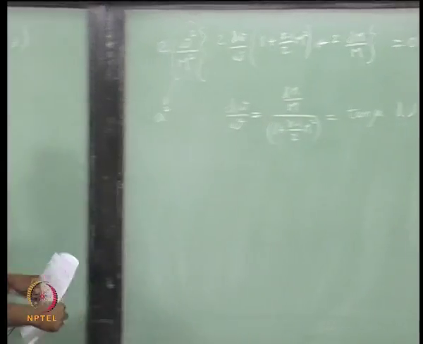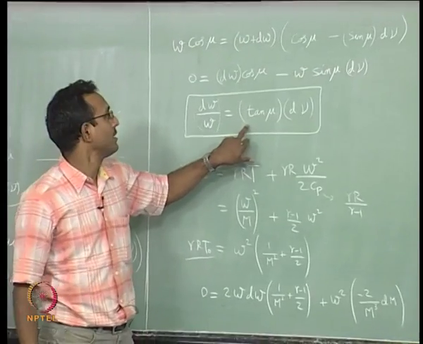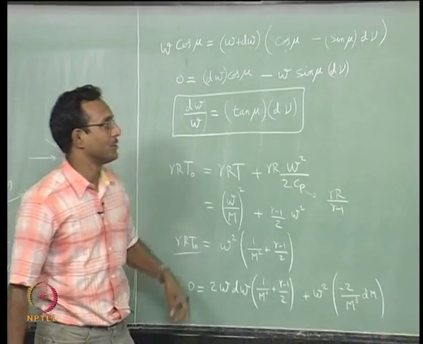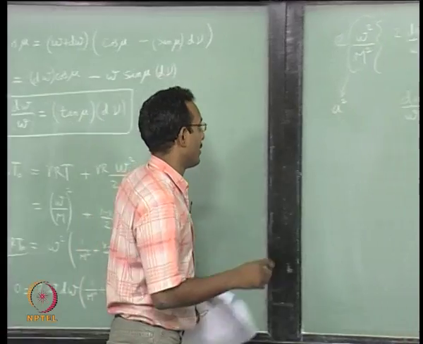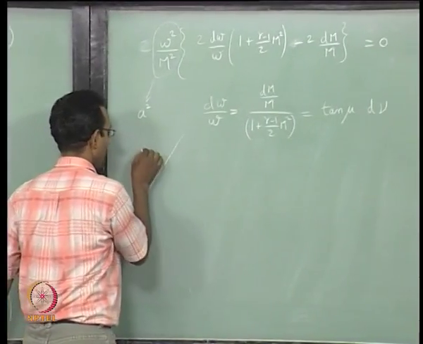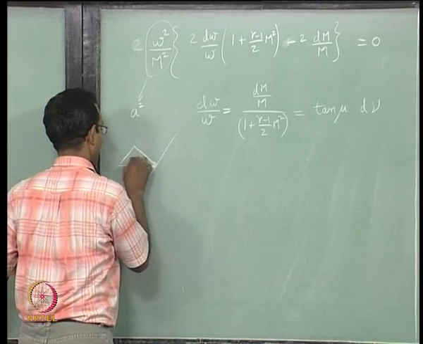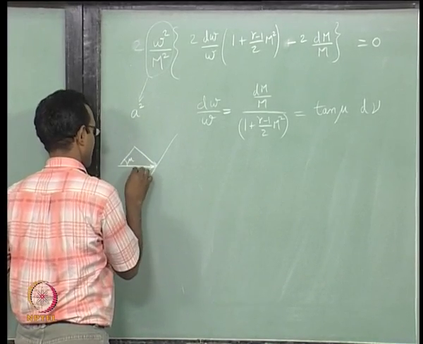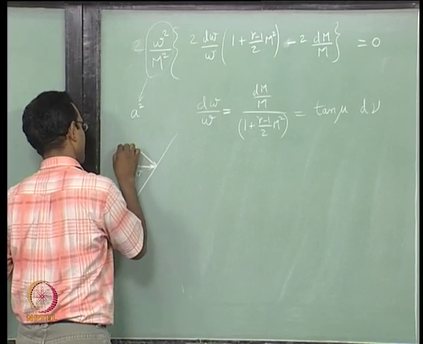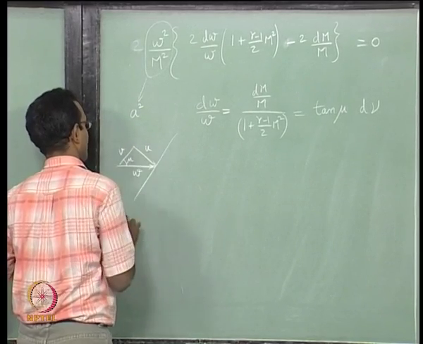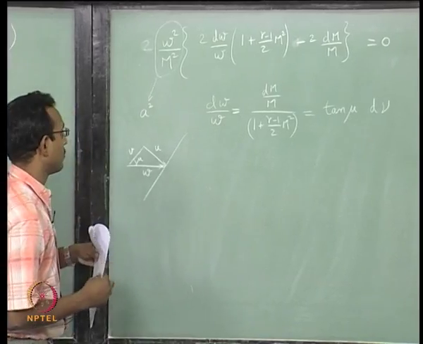This we derived here from this board. We derived this, I am just putting that also equal to that. Now, I have to go back and look at my mu function. I am going to look at it this way.